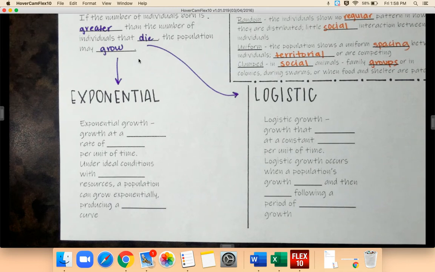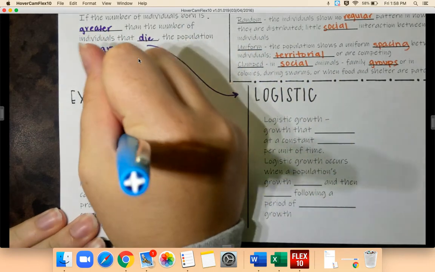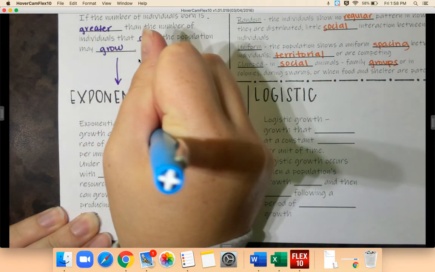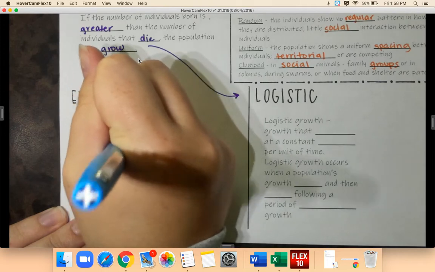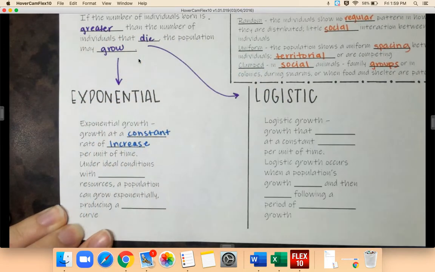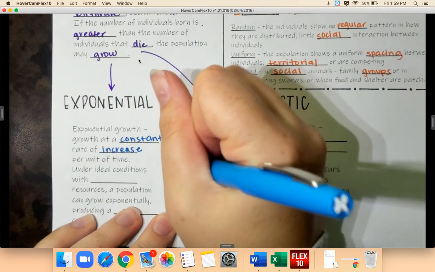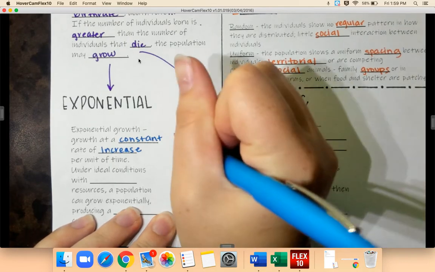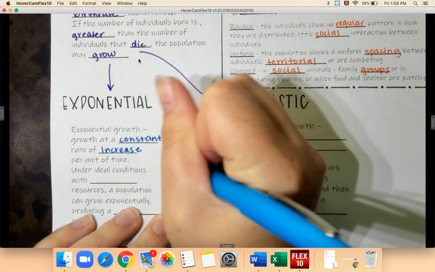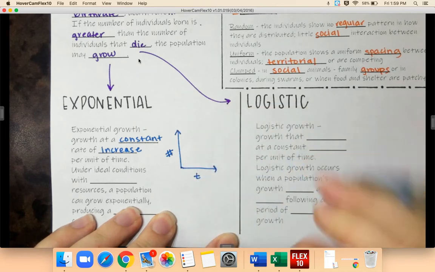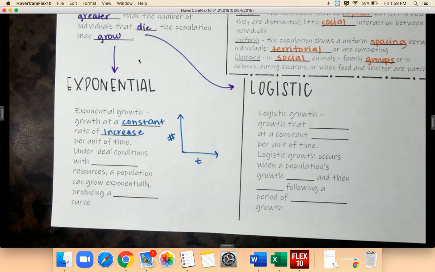An exponential growth rate is a growth at a constant rate of increase per unit time. Now, if we were to graph that, this would be number of individuals and time on the x-axis.